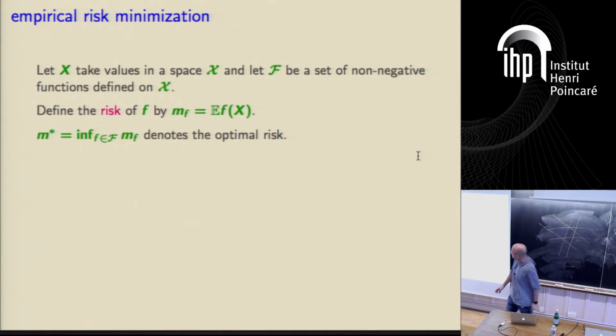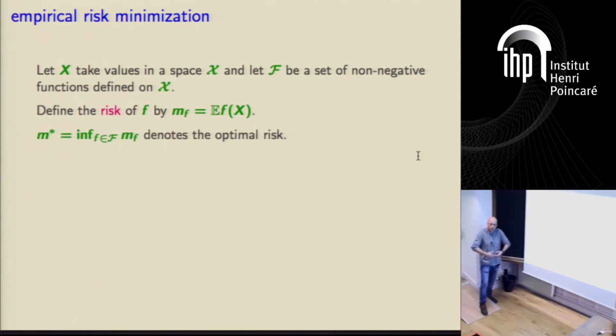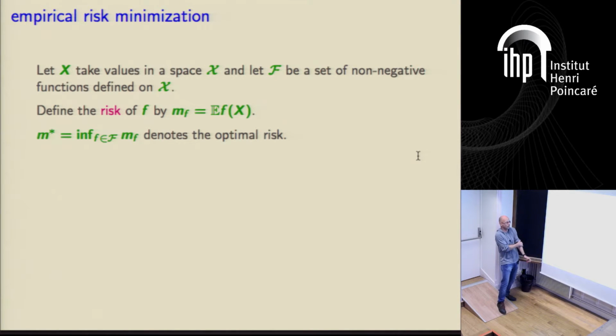All right. So here's an application, a natural application where mean estimation comes in, which is in statistical learning theory. Let's say we have a random variable that takes values in some space, we don't care, and we have a set of non-negative functions.